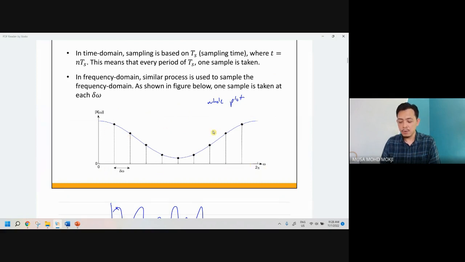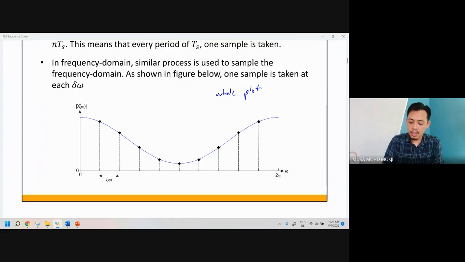So doing sampling is quite easy. You just divide that. If you count, this is 1, 2, 3, 4, 5, 6, 7, 8, 9, or 1, 2, 3, 4, 5, 6, 7, 8, 9, 10. So actually this is 10 samples. The first sample is at 0.